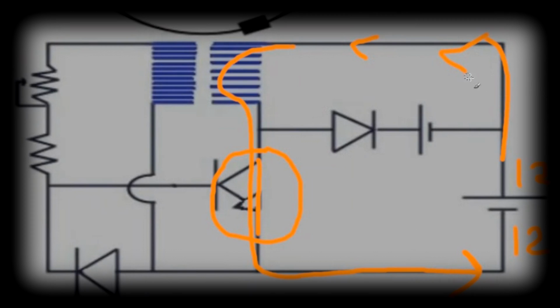Plus on this side, up the top here is your plus 12 volts, and at the bottom is the minus 12 volts. So that's the biasing for this transistor. Plus the minus, and that's the drive coil.